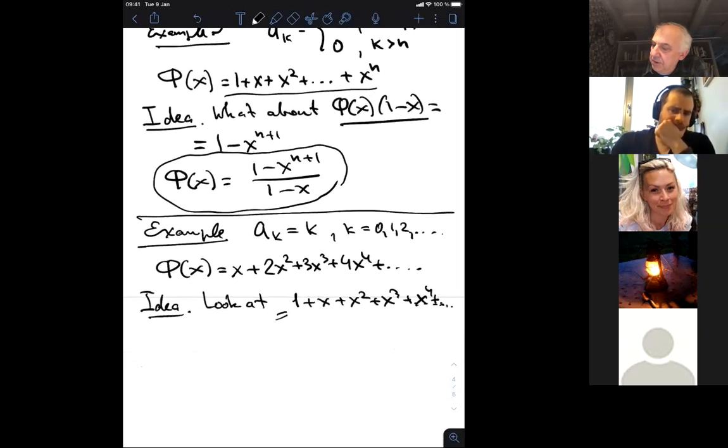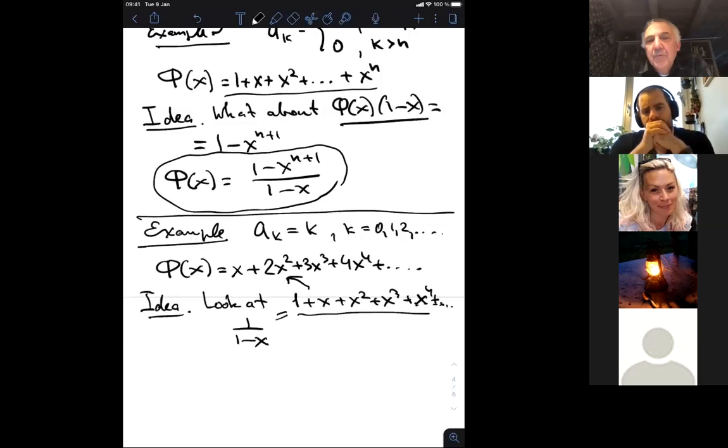Because this we know is 1 divided by 1 minus x. How can we transform this thing into that one? Do you have an idea? Wasn't it something about derivatives? Yes, exactly. Let's formally differentiate this series.